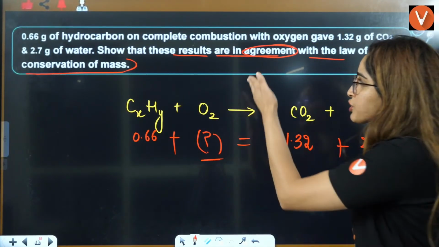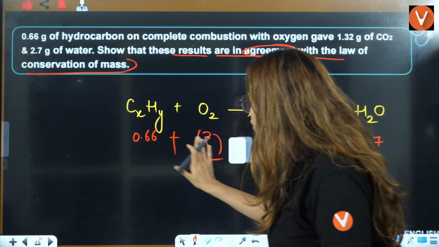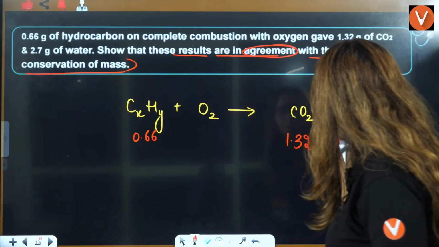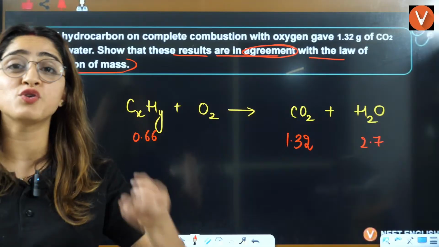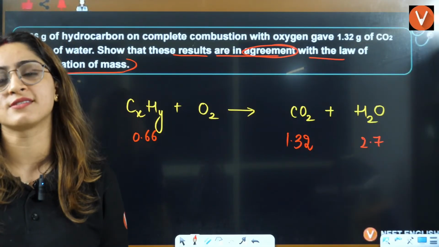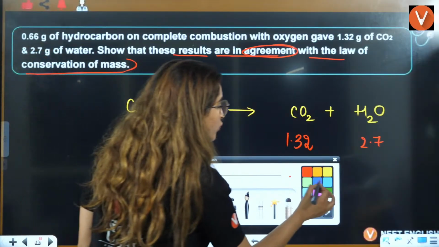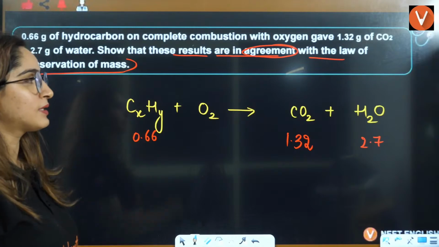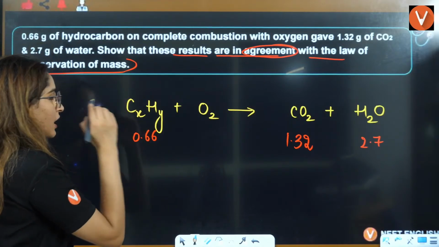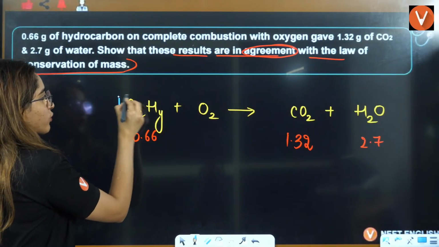But they are saying show that these are in accordance. To show that these are in accordance, we can't simply say that yes, they are in accordance. You have to show that it is in accordance. Now what to do? Let us think about what we are going to do here. Simple thing. This is your hydrocarbon.